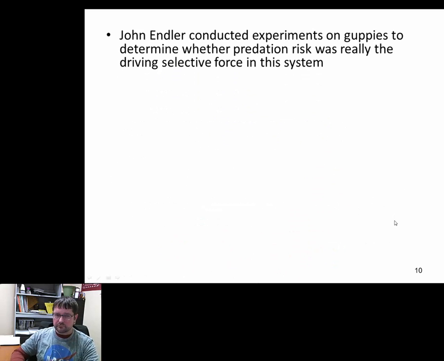So John Endler was a grad student of a guy named David Resnick, and co-authored a bunch of papers on this system. They conducted experiments that really were to determine whether or not predation, or the risk of predation, was enough to drive evolution.